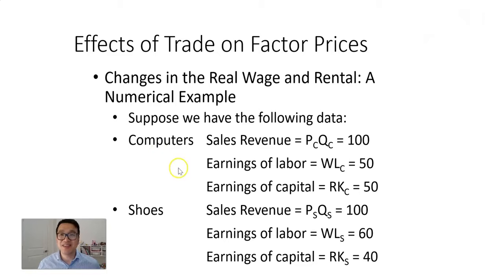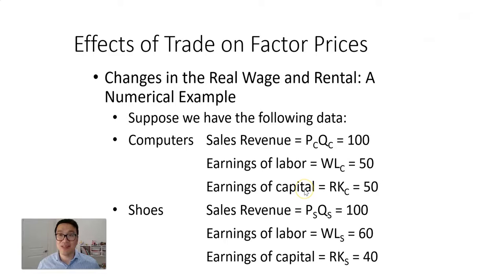Computers and shoes both use labor and capital, and we have the information on sales revenue, earnings of labor, and earnings of capital. To produce computers you need to hire workers, and the earning of labor is the payment to labor.